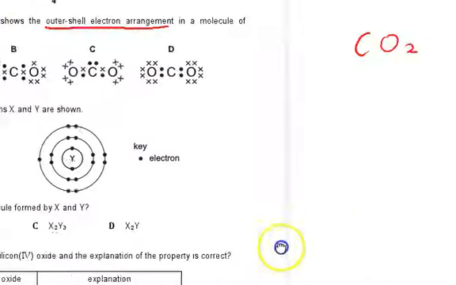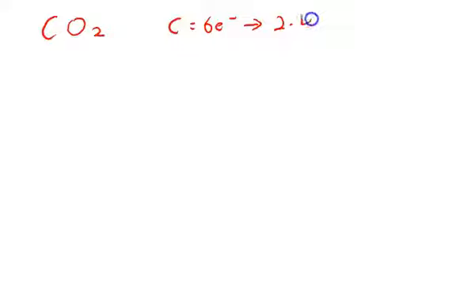Carbon has 6 electrons, which gives the electron arrangement 2.4, so carbon needs 4 more electrons, correct? For oxygen, you have 8 electrons, which gives you 2.6, so you need another 2 electrons to be stabilized.